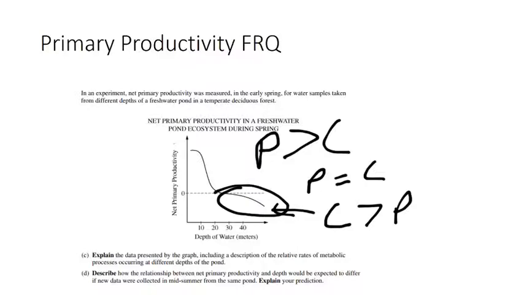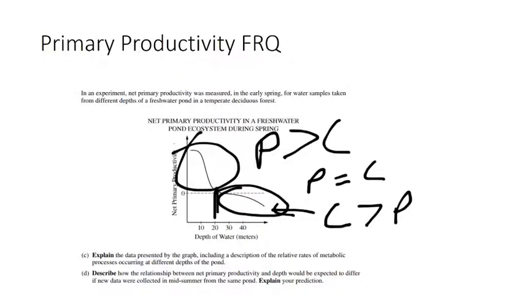Now let's look at for a second at the rubric. Actually, we'll look at the rubric in another situation. What you should have said here, again, in the top part of the graph, the rate of photosynthesis is happening faster than the rate of cell respiration.